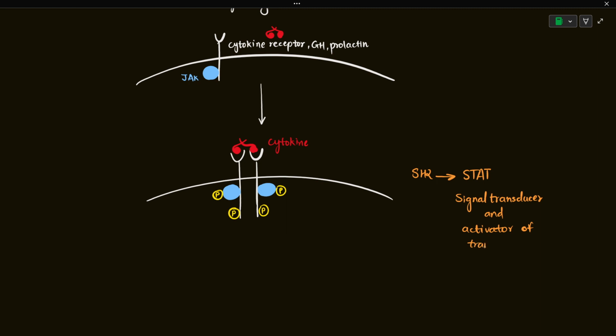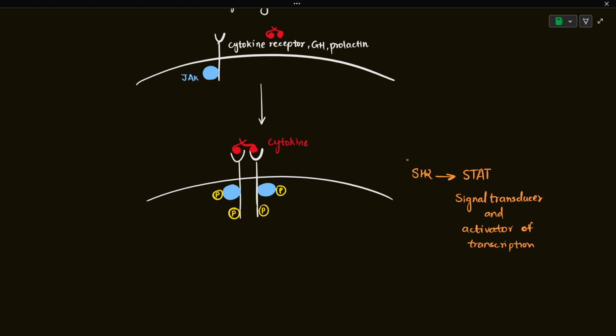So the name itself, signal transducer and activator of transcription, makes clear what kind of function STAT is going to do. It is going to relay the signal downstream, so it is a signal transducer, and it also does the activation of certain genes, so it is also referred to as an activator of transcription.